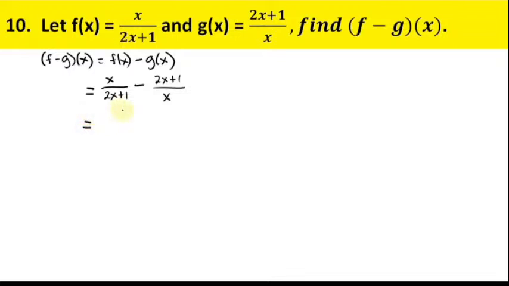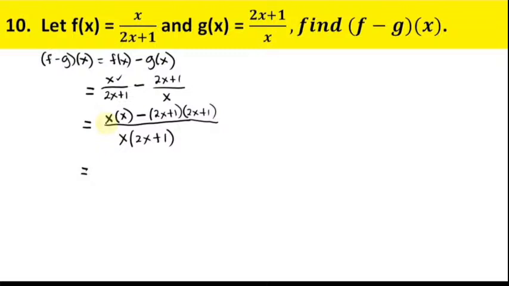So ang denominator natin is x times 2x plus 1. Then pag i-divide natin yan dito, so ang remaining value is x times the numerator, that is x, subtract ito, pag i-divide natin, so ang remaining value is 2x plus 1 times the numerator, that is 2x plus 1.